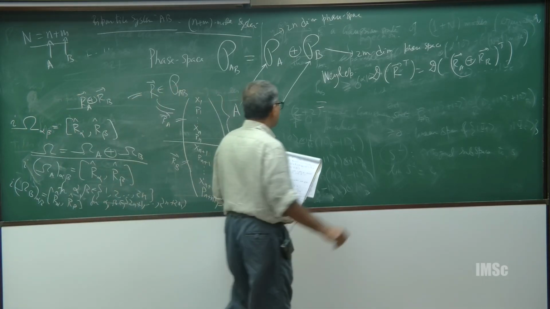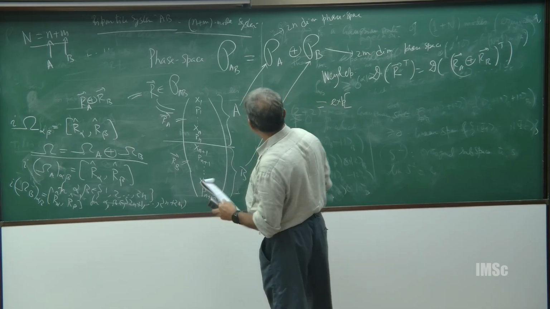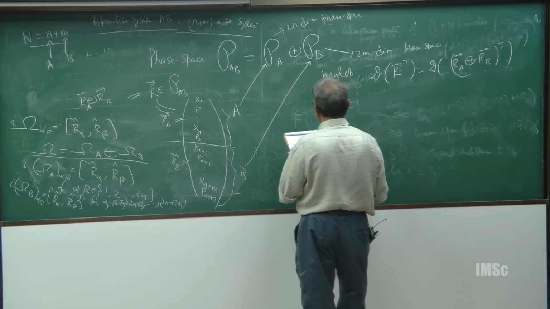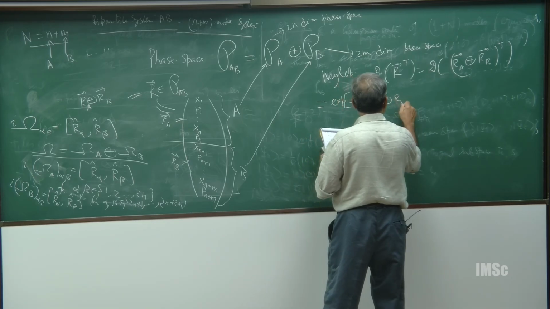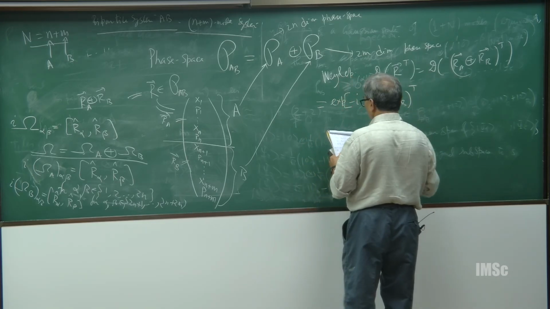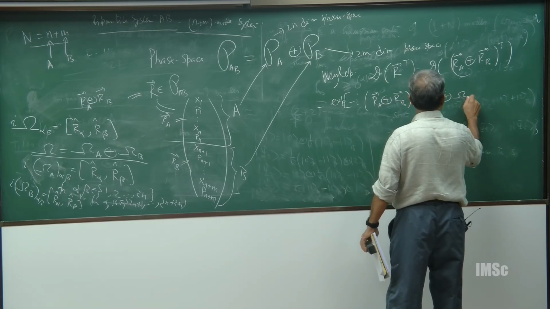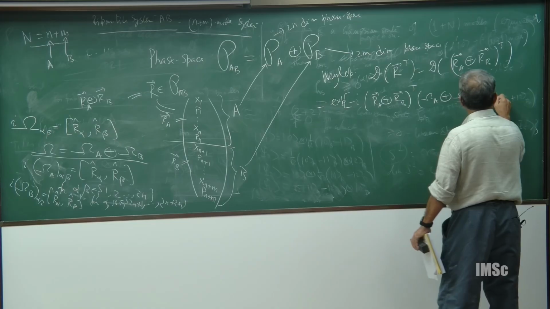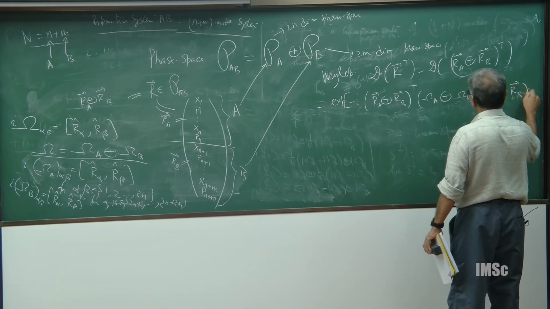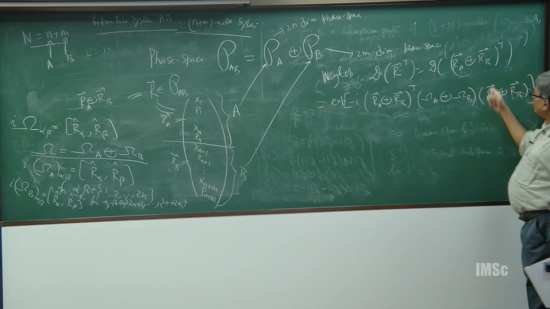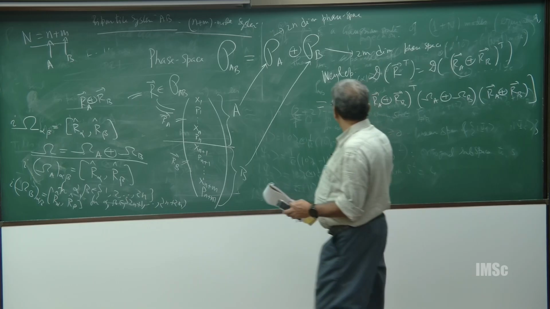So this is exponential of minus iota, this is R A direct sum R B transpose, then omega A direct sum omega B, then R A direct sum R B. Okay, this is the definition, right.